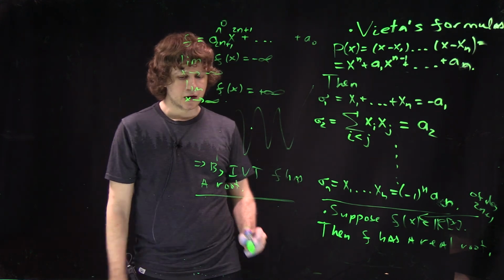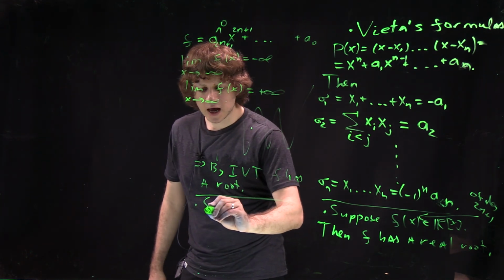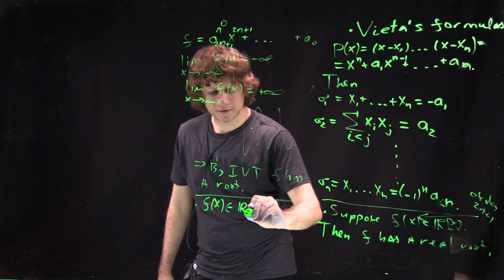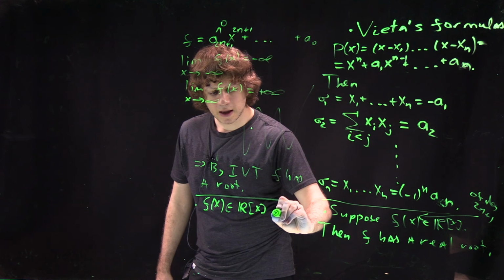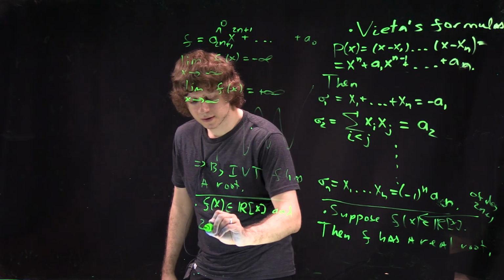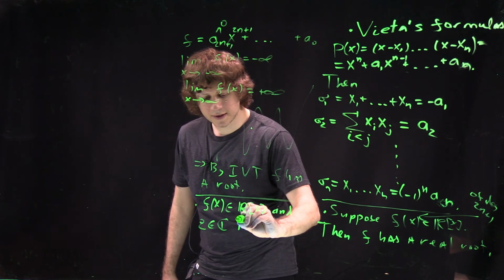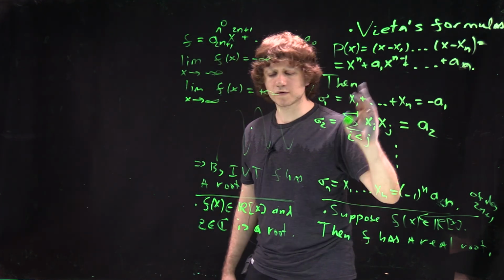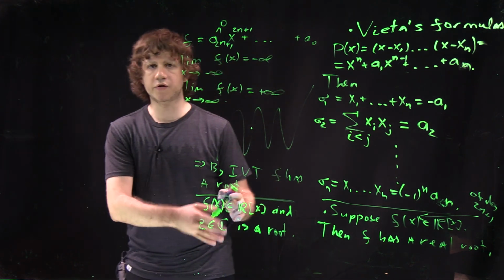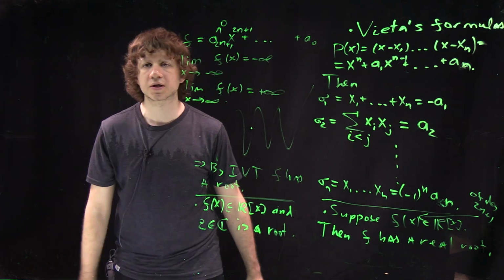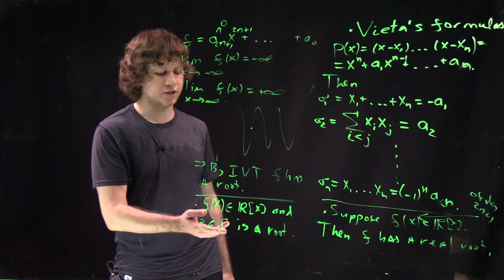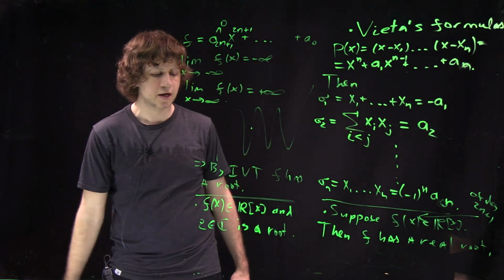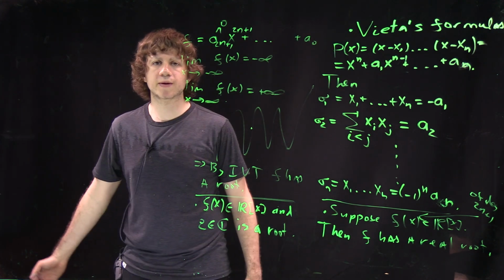The proof is very simple. Finally, let's suppose that f of x is a polynomial with real coefficients, and z in C is a root. I said in the definition of a root that you look at a polynomial with coefficients in a field and an element in that field, but of course nobody can restrict you from taking an element in a bigger field, say the complex numbers, and plugging a complex number into a polynomial with real coefficients.